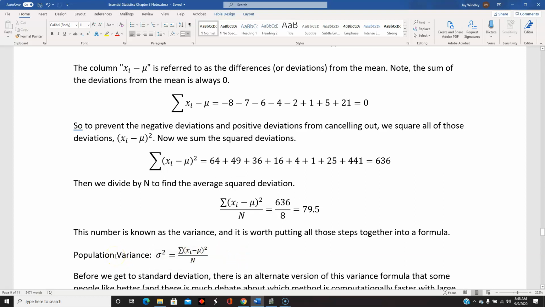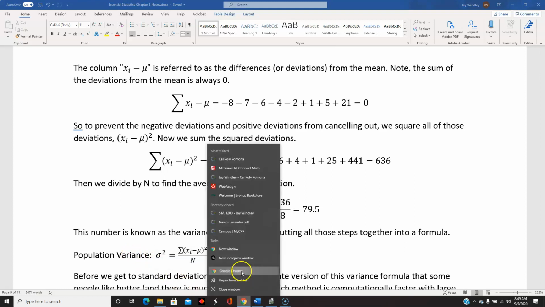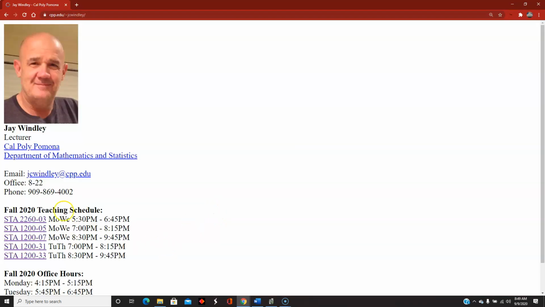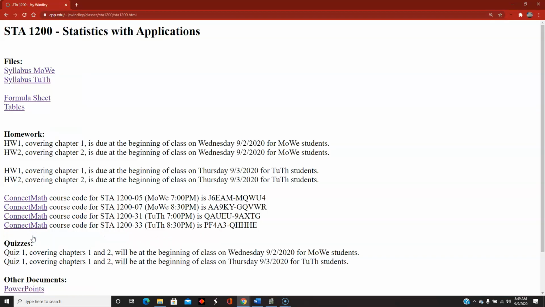Okay, and before we get into how that gets tweaked into standard deviation, there's another version of this formula that some people like better. As a matter of fact, let me go to the formula sheet really quickly and see if both of them are on the formula sheet.